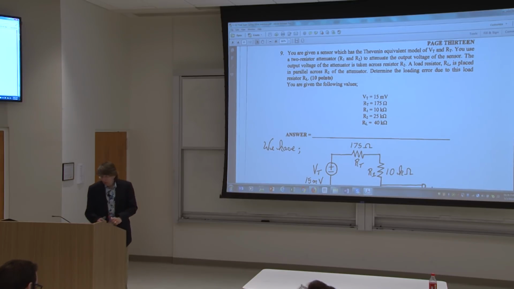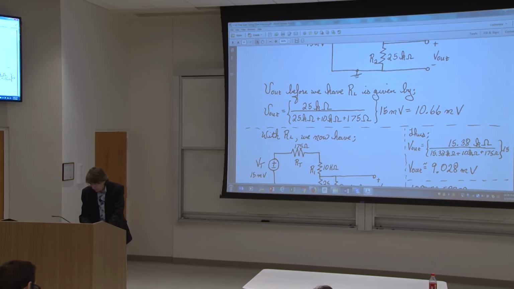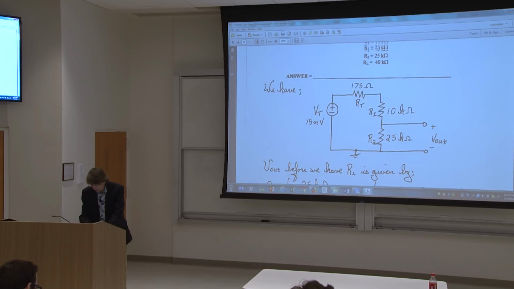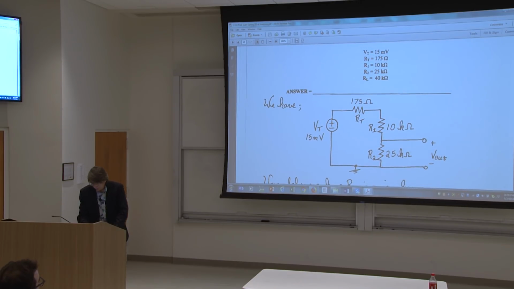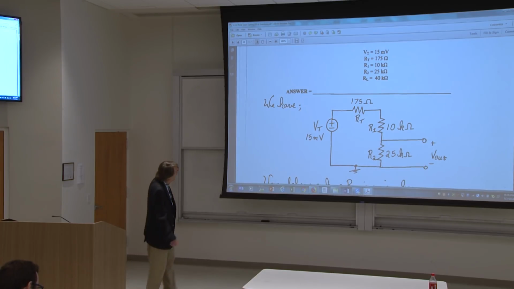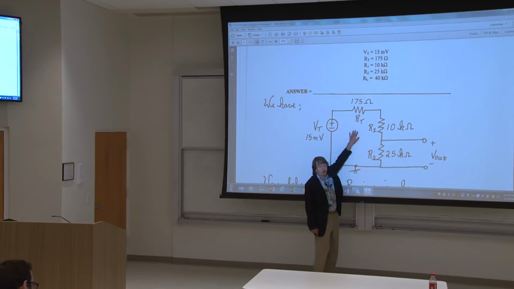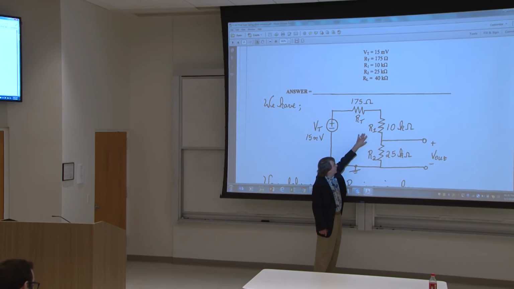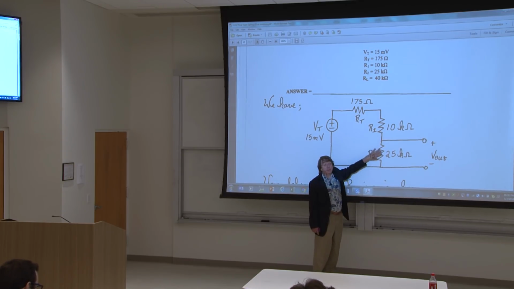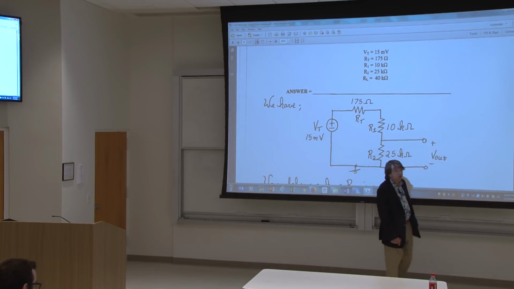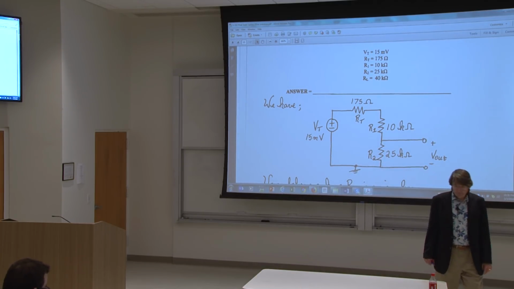Determine the loading error. So that's what we have. We have a sensor that can be modeled by a Thevenin equivalent circuit. We have a 2-resistor voltage attenuator. And we take the output across R2.